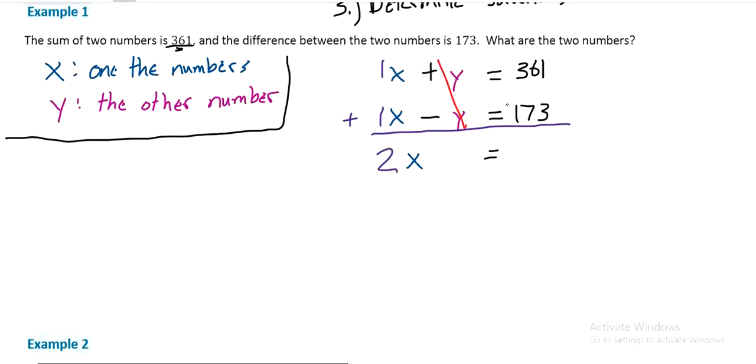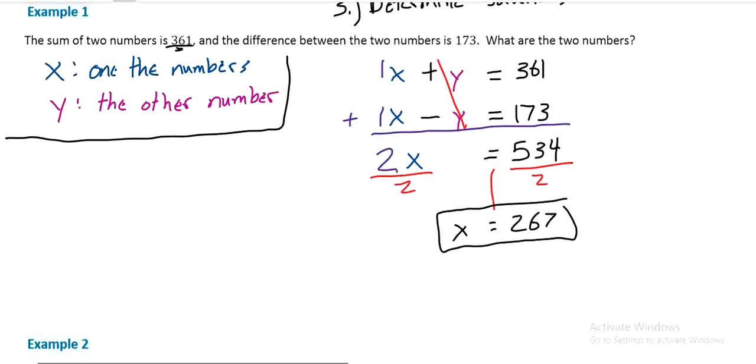Down below, 361 plus 173 gives us 534. From there, we just have to find out what x is. Super easy, just divide by 2. x will equal 267.